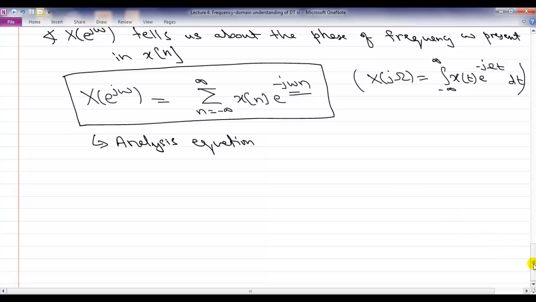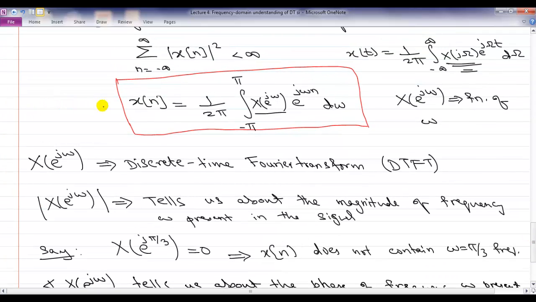The previous version that I showed is called the synthesis equation because it tells us, if you know the discrete time Fourier transform, how do you synthesize your signal from that equation. Okay. So formula-wise, they are easy to understand. I just want you to make sure that you grasp the meaning of what the discrete time Fourier transform is telling you. It's exactly the same expression. It's telling you which frequencies are present.